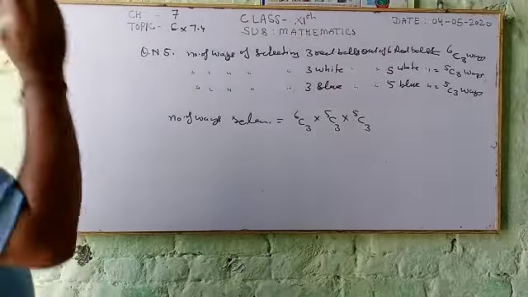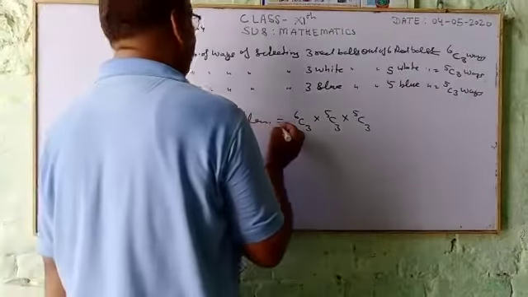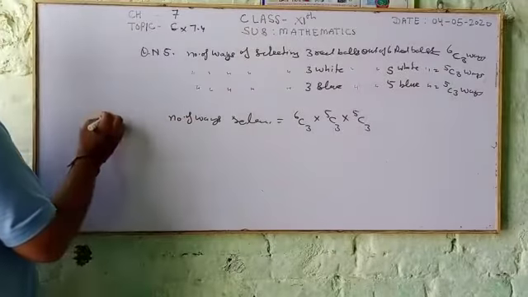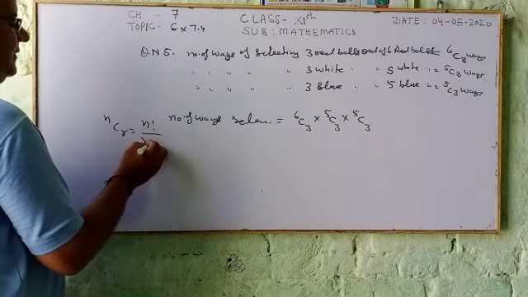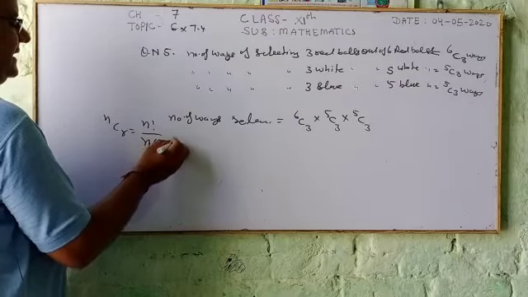After simplification we get, using the formula nCr equal to n factorial upon r factorial, n minus r factorial.